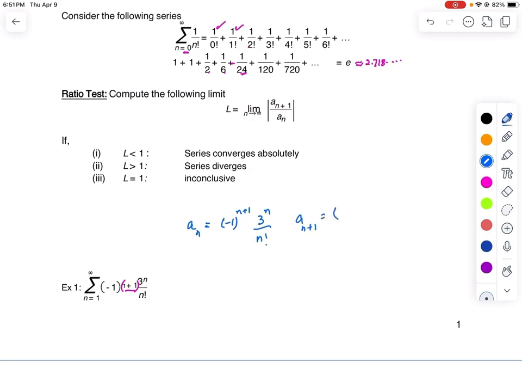If we write a_(n+1), it will be equal to negative 1 raised to the n plus 2 times 3 raised to n plus 1 over n plus 1 factorial.